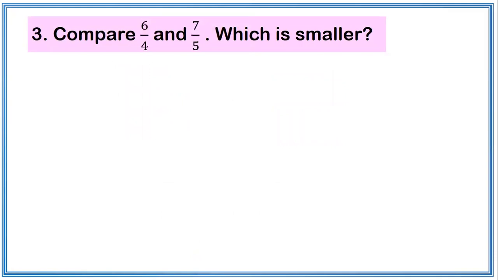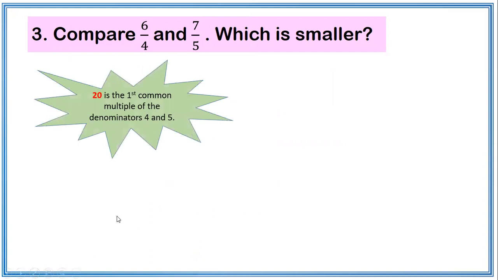So our third example is compare 6 out of 4 and 7 out of 5. Which is smaller? So their denominators are not the same, and we know that 20 is the first common multiple of the denominators 4 and 5.